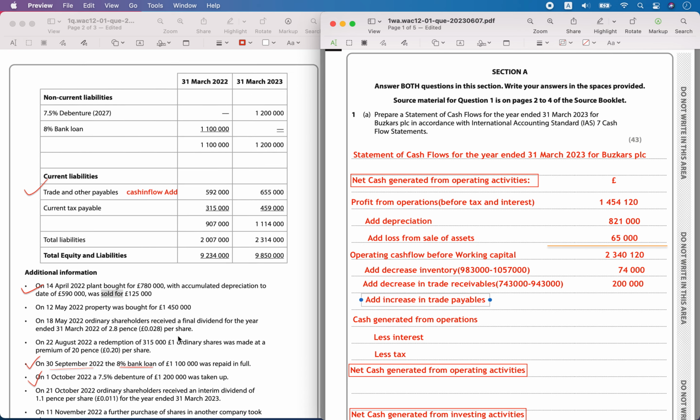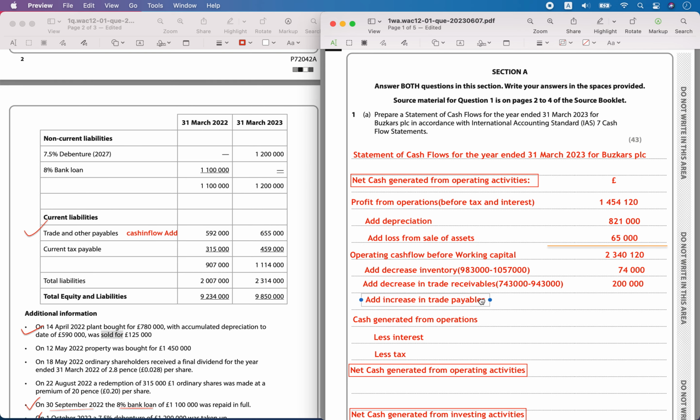And then you have to add any increase in trade payables. So let's calculate the increase that has happened: 655,000 minus 592,000, which is equal to 63,000. So let's write it here.